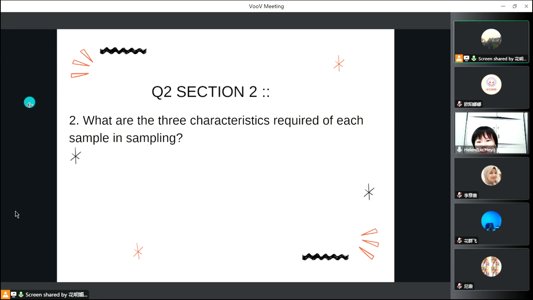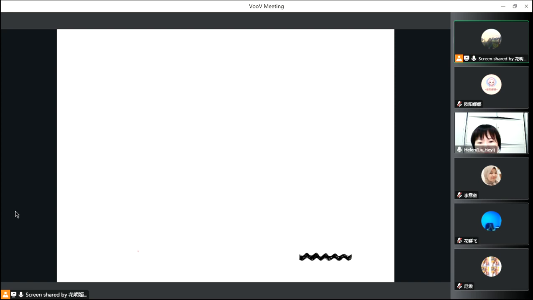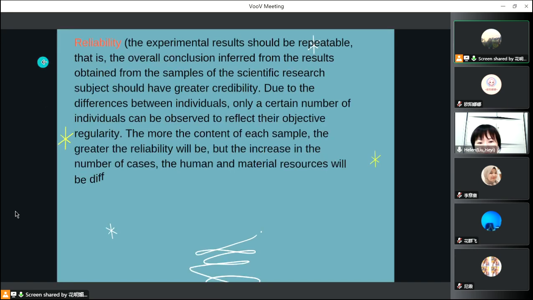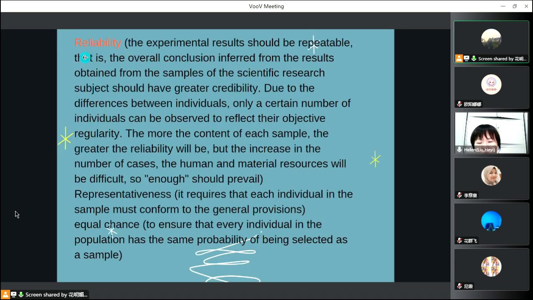Okay, now we go to the second question. The second question in section 2 is, what are the 3 characteristics required of each sample in sampling? The first one is reliability. The experimental result should be repeatable, that is, the overall conclusion inferred from the results obtained from the samples of the scientific research subject should have greater credibility.